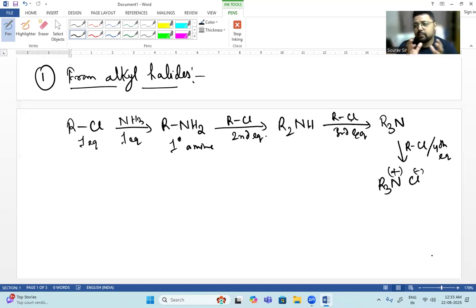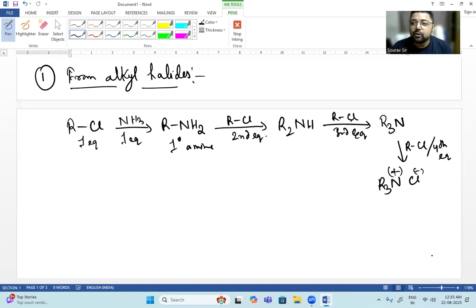If I have a bulk of RCl and to it I am adding NH3, then what will happen? The other hydrogens will react with other chlorines and it will not let other equivalents of NH3 come and react. So one equivalent of NH3 will react with 4 equivalents of RCl.